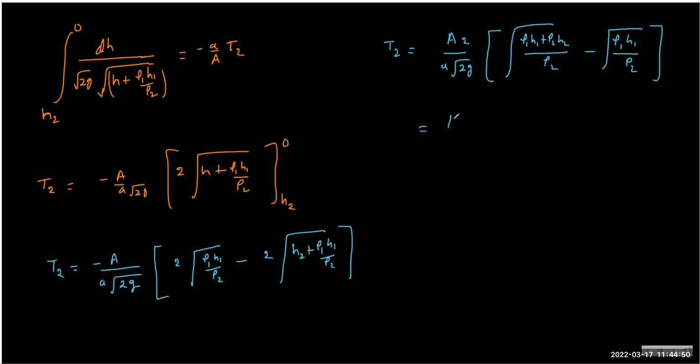So this looks pretty easy. You can make it 2 by g, and what we are left with is root 2. Okay, so the answer turns out to be rho 1 h1 plus rho 2 h2.